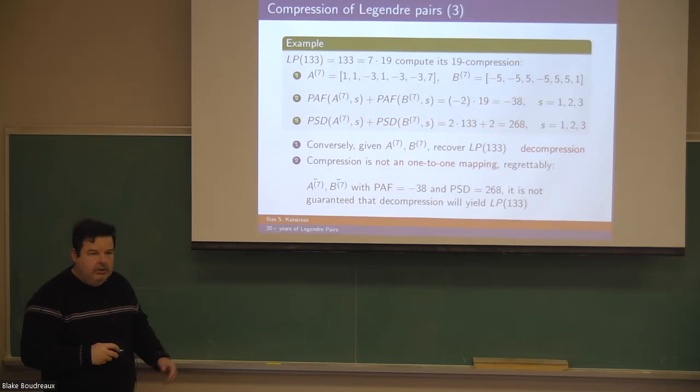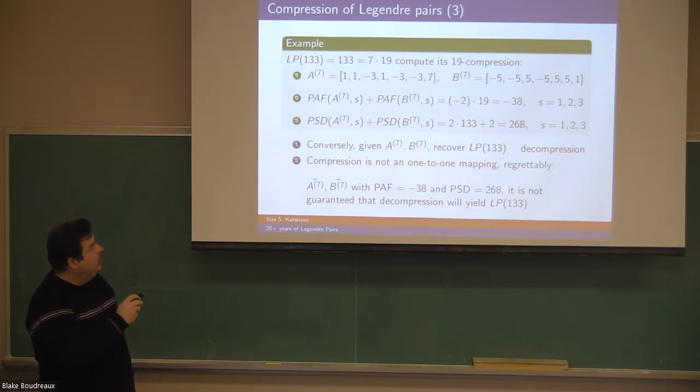Now, the issue is, can we do the opposite? If someone gives you this A7 and B7, how do you recover your Legendre pair? And we call this decompression. And decompression is computationally expensive, but it's a lot better than working with 133 variables twice, right? It's a lot better to work with 7 and 7.